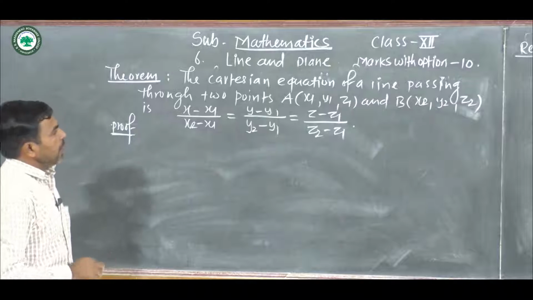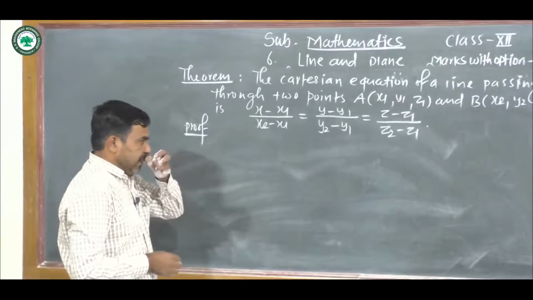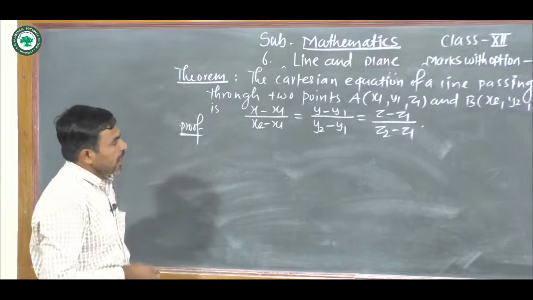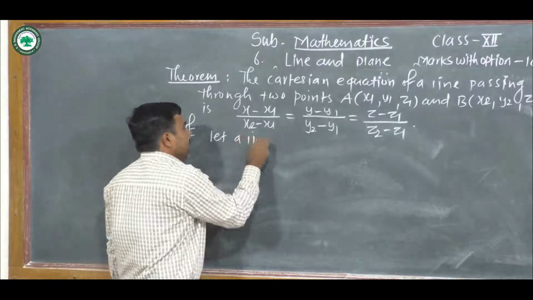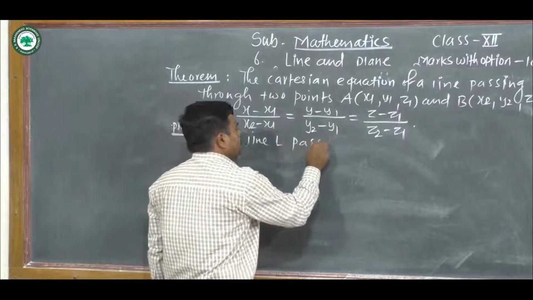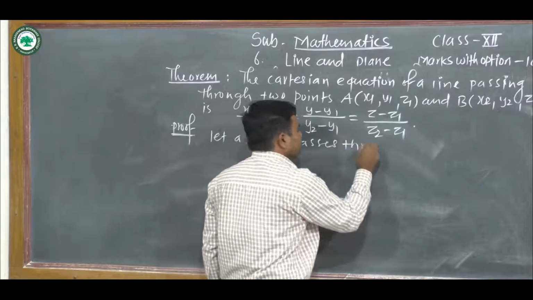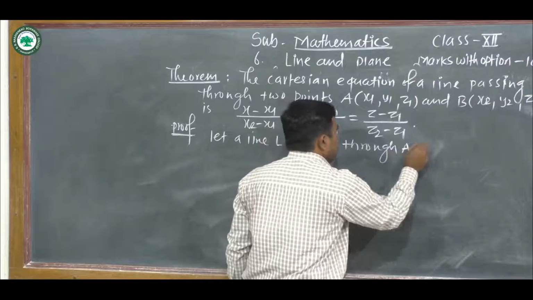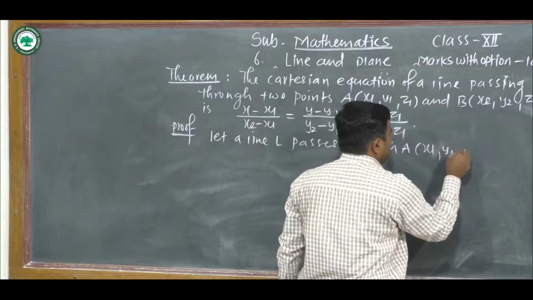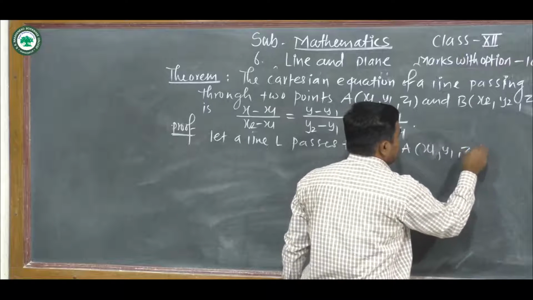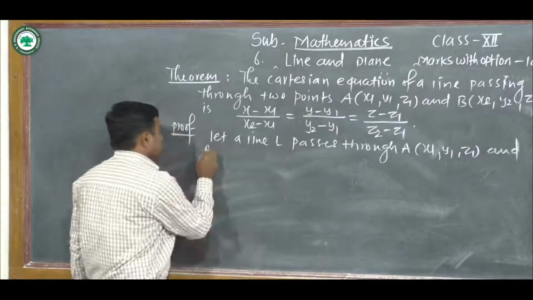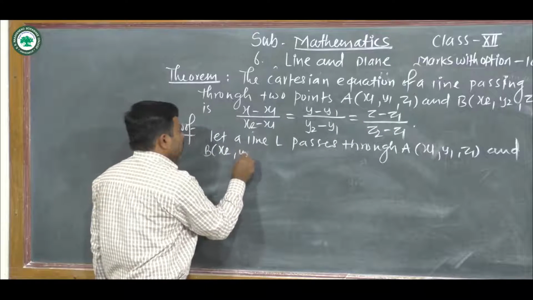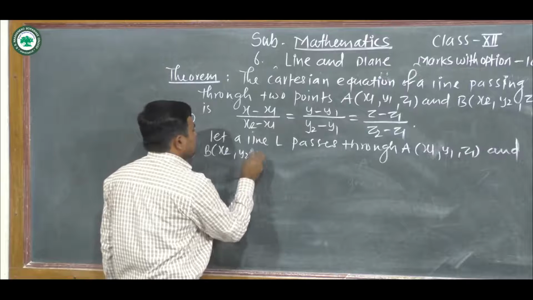Here we have a line passing through two points, and those two points have Cartesian coordinates. Let a line L pass through A (x1, y1, z1) and B (x2, y2, z2).